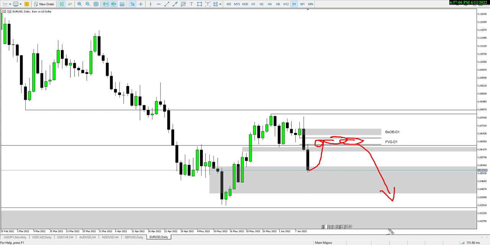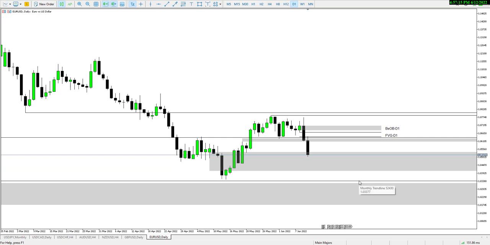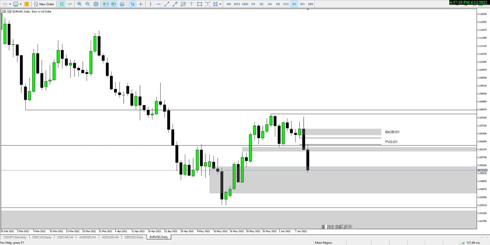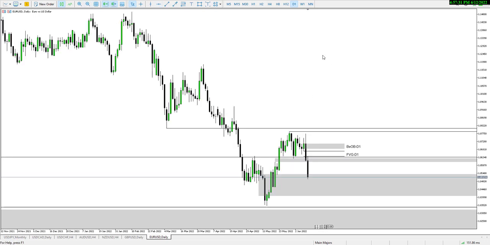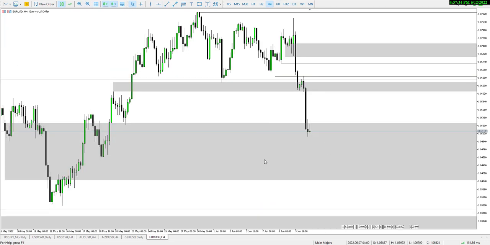That array will then provide resistance and price will push to the downside to where your first initial target is 1.03377, or ultimately you're looking at 1.0175. So we should really see price trading to the downside on euro USD. So I'm going to go to the H4.